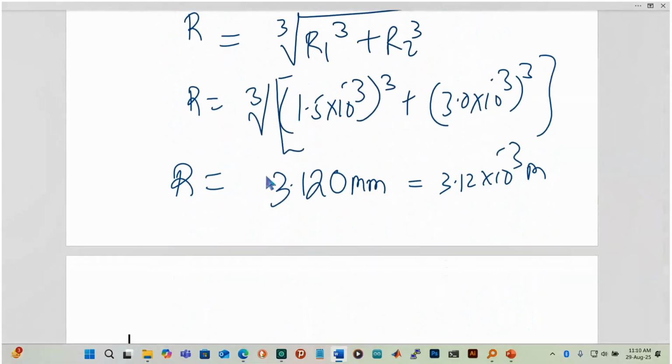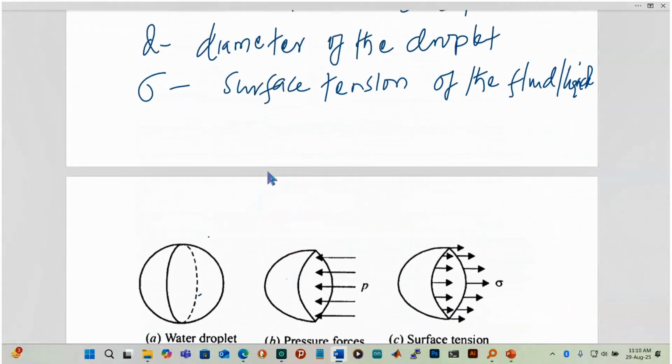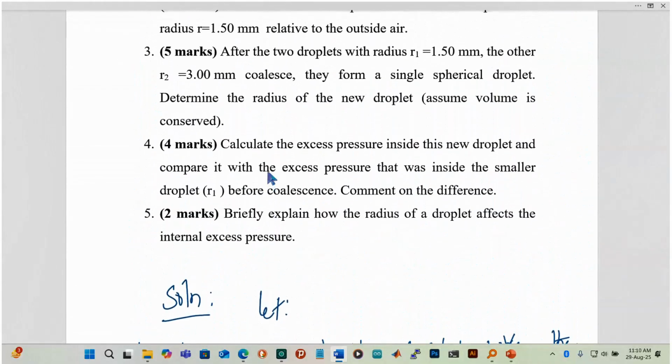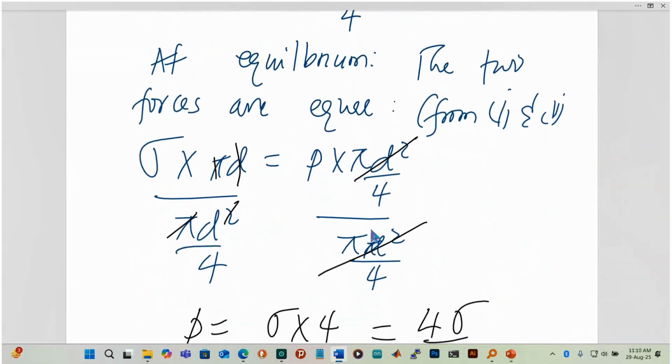The next question was to use this r to determine the pressure: calculate the excess pressure inside the new droplet, compare it with the excess pressure inside the smaller droplet before coalescence, then comment on the difference.